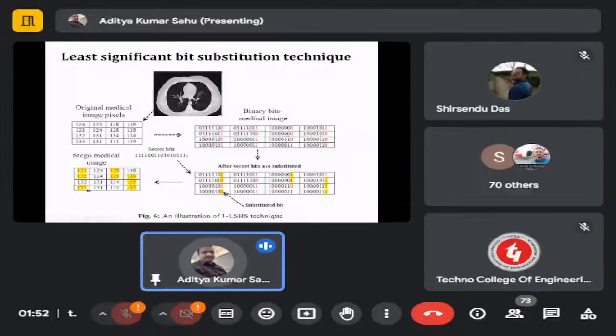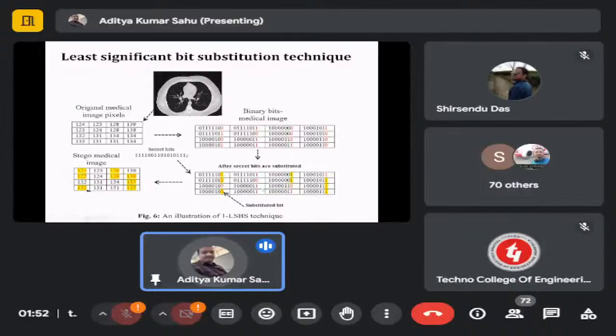We have secret bits, or secret messages, or confidential information given here, 11100 binary information. We have converted it into binary. Now this will replace the least significant bits, right? So we'll just directly put these bits in the last bit of these binary pixels.